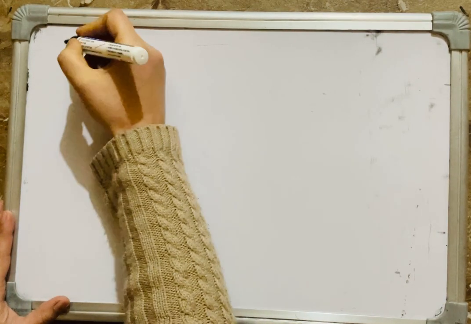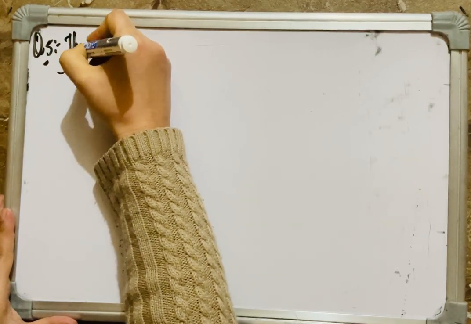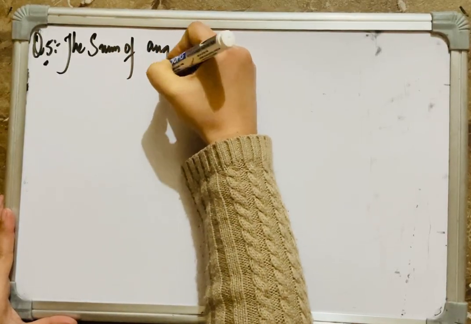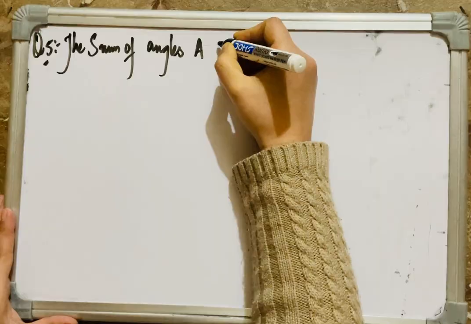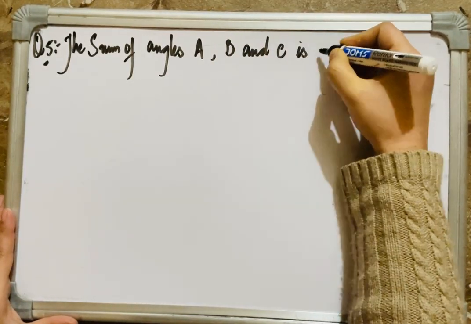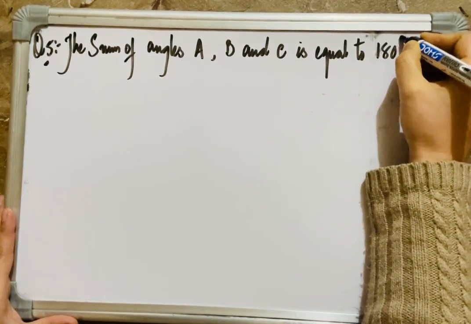Question number 5. All right, let's do question number 5. Question number 5 is this. The sum of angles A, B, and C is equal to 180 degrees.